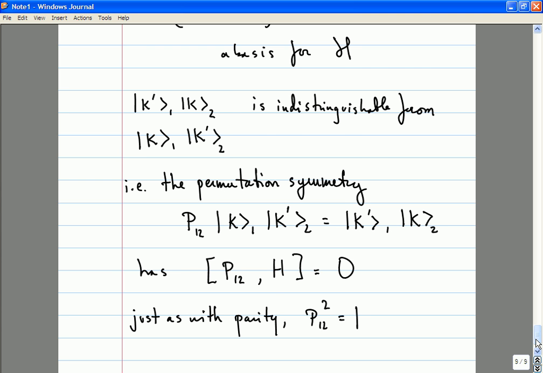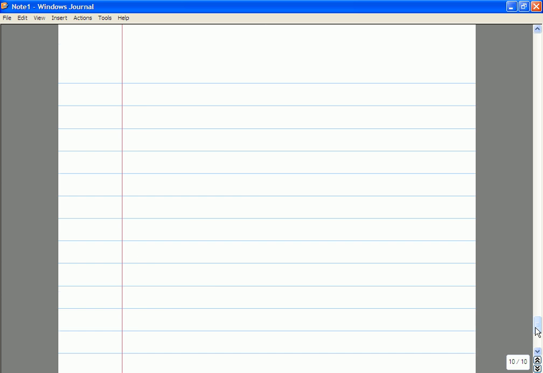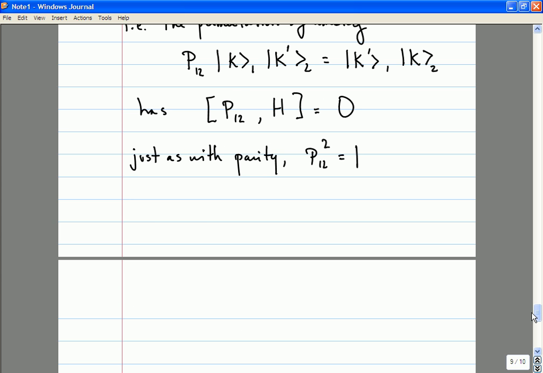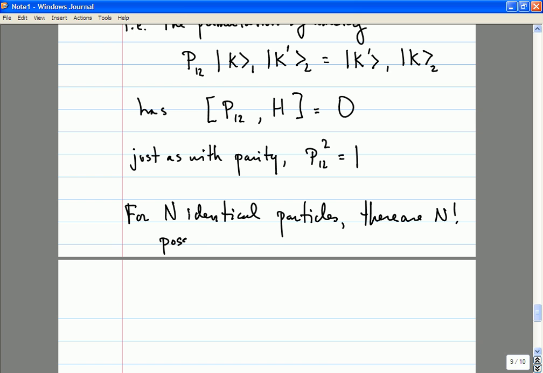Now, for n identical particles, there are n factorial possible permutations. The n factorial possible ways that you could permute the various particles. And if the particles are identical, then they will all be symmetries of this system.